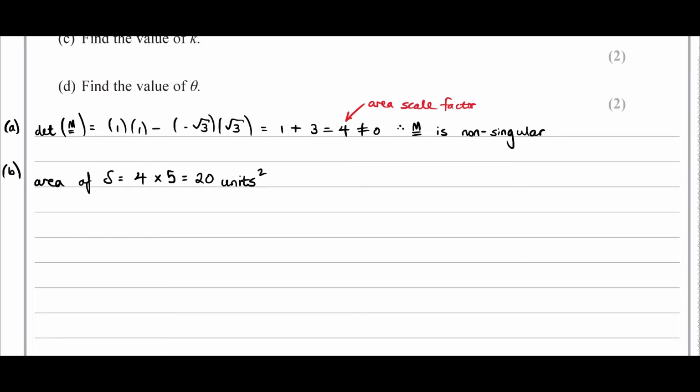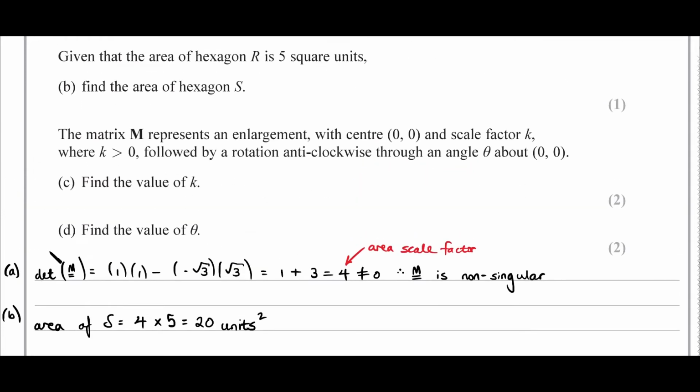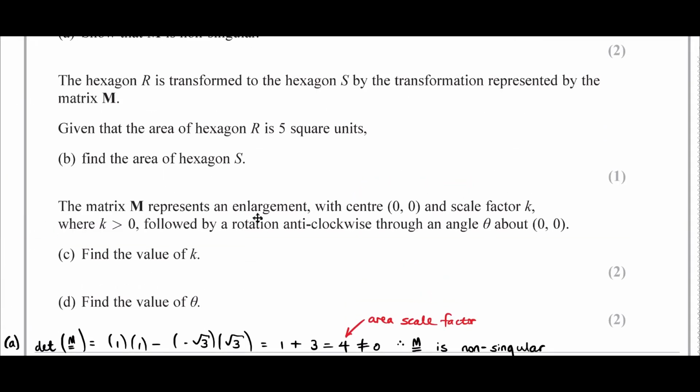Now for part C, the matrix M represents an enlargement with center 0, 0 and scale factor k, where k is greater than 0, followed by a rotation anti-clockwise through an angle of theta about the origin. We have to find the value of k.